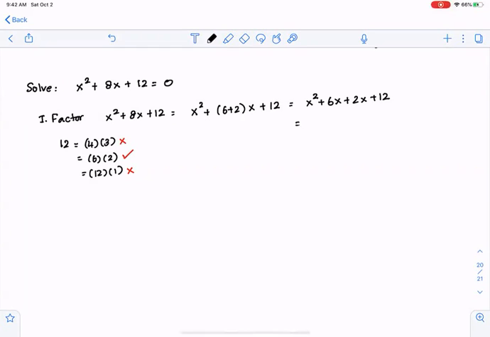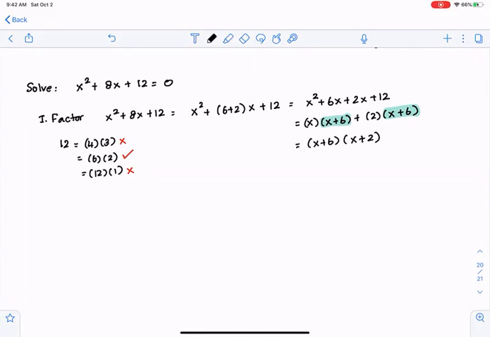If I pull x out of the first two terms, I would have x plus 6. If I pull 2 out of the last two terms, I would have x plus 6. x plus 6 is in common. If I pull that out, I will have x plus 6 times x plus 2.